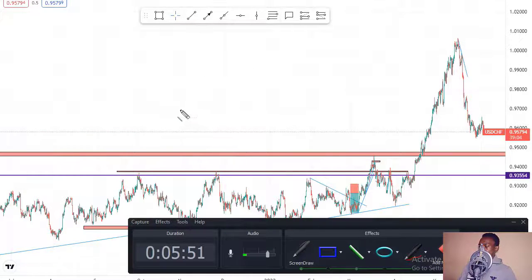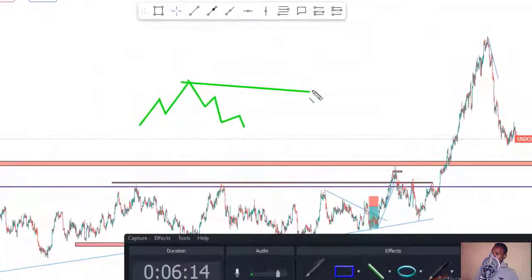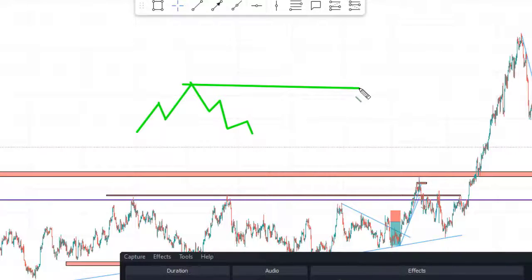When we talk about support and resistance, what we basically mean technically, before we go into the chart, is let's assume that the market was going up like this, comes down, goes up, comes down, starts to go down. Then we are going to be interested in this area that the market first touched.